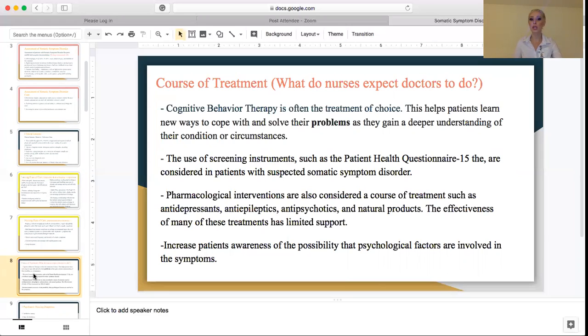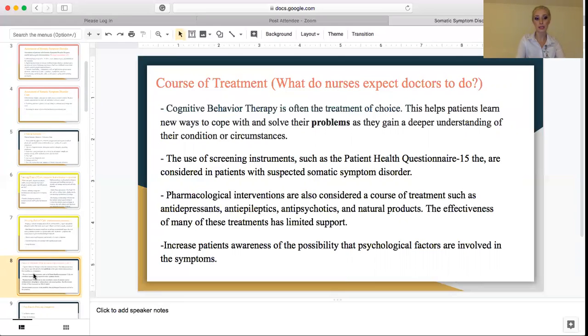The use of screening instruments, such as the Patient Health Questionnaire 15, is considered for patients with suspected somatic symptom disorder. Pharmacological interventions are also considered a course of treatment, such as antidepressants, antiepileptics, antipsychotics, natural products. Effectiveness of many of these treatments has limited support.